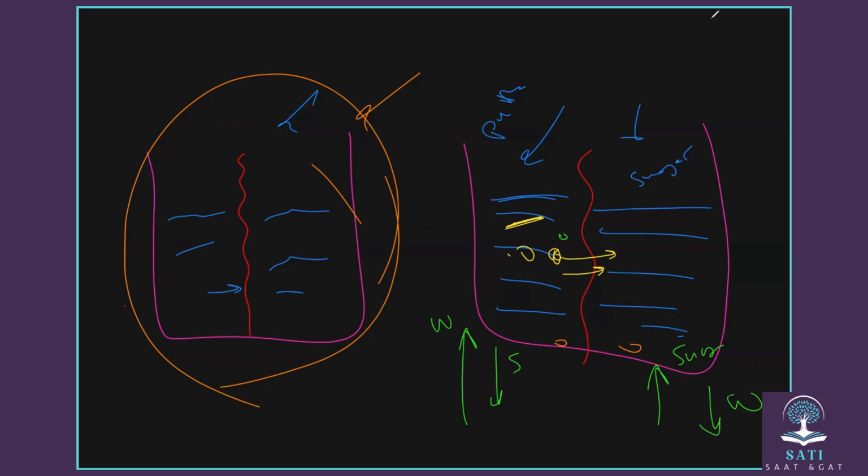So they'll go from left to right, to the higher concentrated solute particles. If we use solute as indication, we say they move from less concentrated solute particles to higher concentrated solute particles.